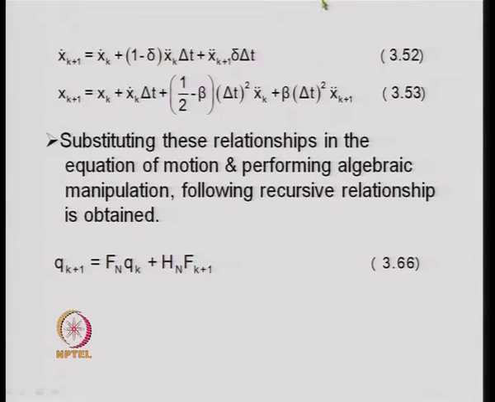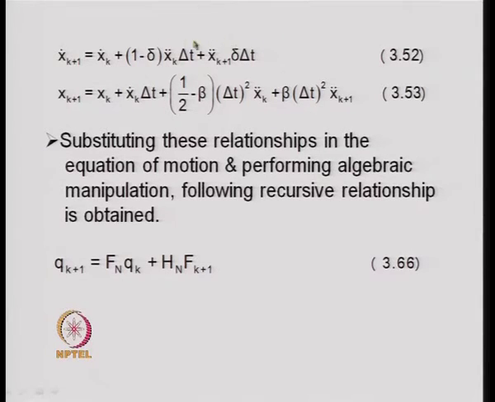Now, if we assume that the acceleration is varying linearly, then it is equivalent to assuming that the displacement is varying quadratically, because if you integrate twice the acceleration, then you get the displacement. So, if there is a linear variation of the acceleration between 2 points, then if the acceleration is integrated, this linear variation will then become a cubic variation, not quadratic, cubic variation.